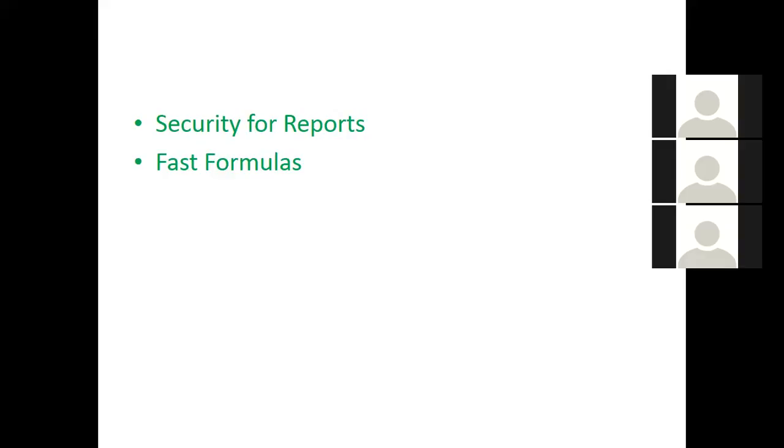And also fast formulas. In EBS or Oracle, they are called functions. A function is nothing but something that returns a value. The same concept is available in Fusion applications, and that is the fast formula. What is an example of a fast formula? Let's say I am an employee and I completed 5 years of experience in my organization.